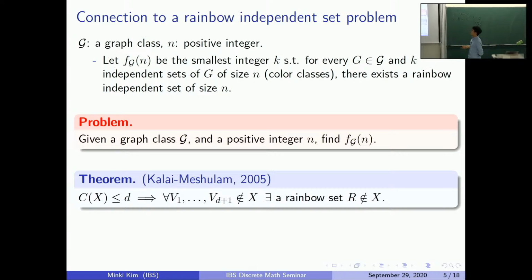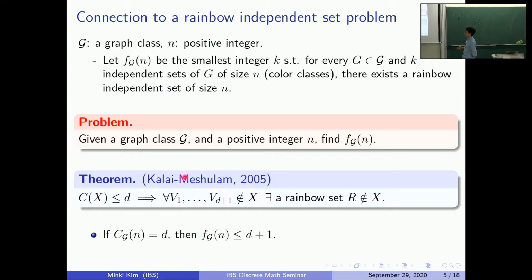It states that if X is d-collapsible, then for any d plus 1 sets that are not faces of X, there exists a rainbow set that is not a face of X. So using this, we know that if C sub n of G equals d, then f sub G of n is at most d plus 1.